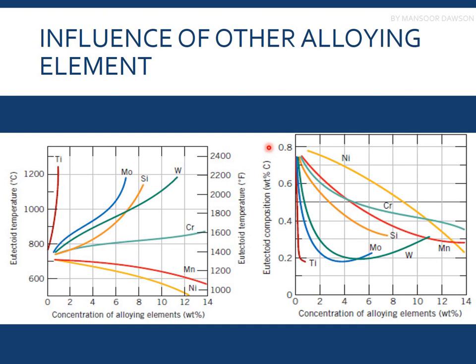So these are the effects or impacts of the alloying elements on the eutectoid composition and temperature.